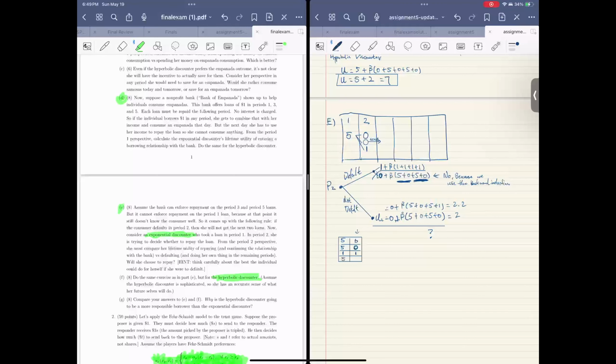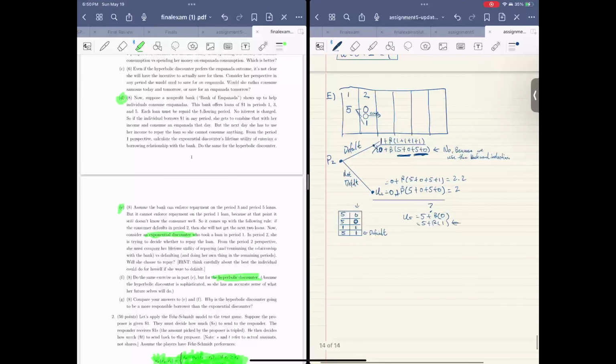If you don't, you can consume extra samosa in period 6. If you default in period 6, this is the default. So in period 5, U5 equals 5 plus beta of either 0 or 5 plus beta of 1. So clearly, at period 5, this person will choose to default in period 6.